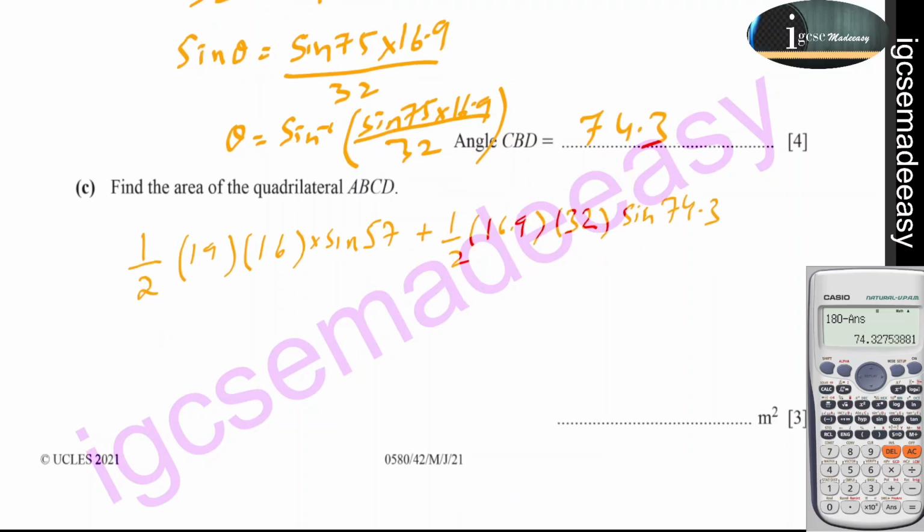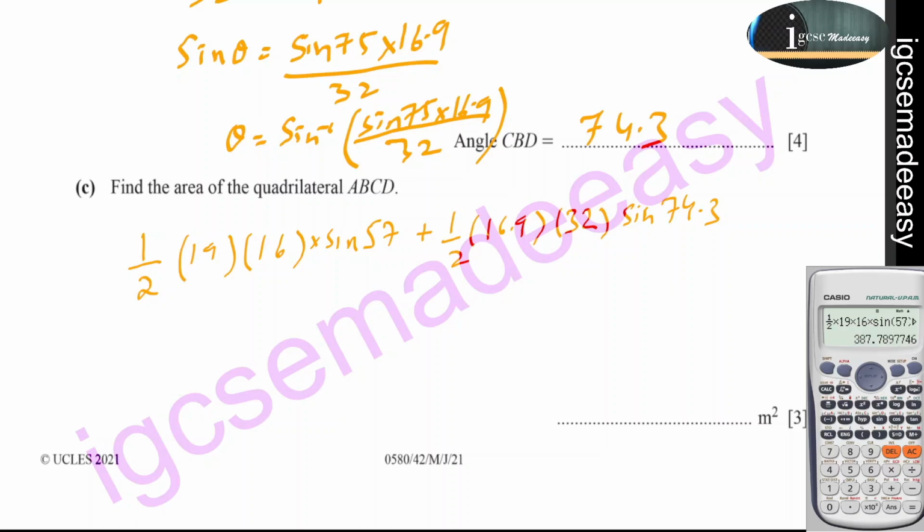If we solve this, let's use a calculator. 1 by 2 of 19 times 16 times sine of 57 plus 0.5 times 16.9 times 32 times sine of 74.3.